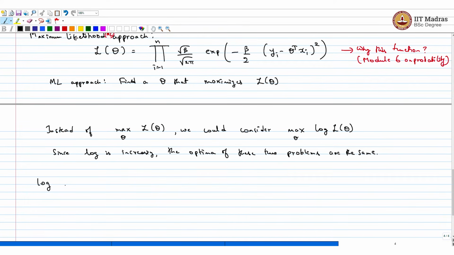So, what is log L of theta? Log L of theta equals n by 2 log beta and then n by 2 log 2 pi. These are two terms which are independent of theta, but the term that depends on theta is minus beta by 2 times the sum of y i minus theta transpose x i squared.